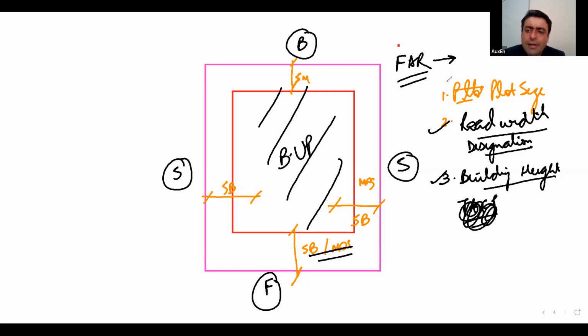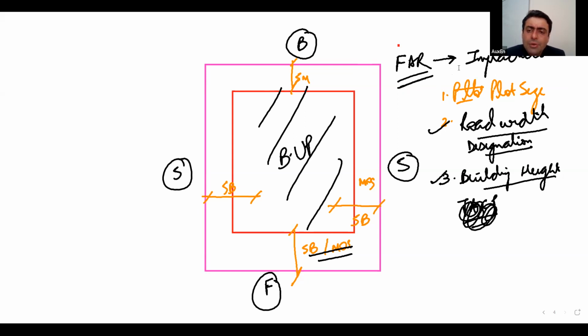What I feel is that these FAR ratios in India are very impractical, and these FAR ratios are so strict that they do not allow us to grow vertically, isn't it?